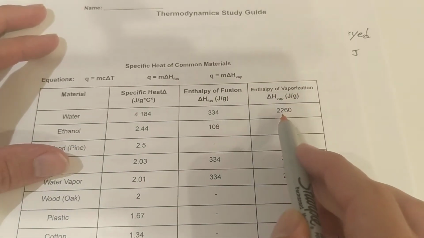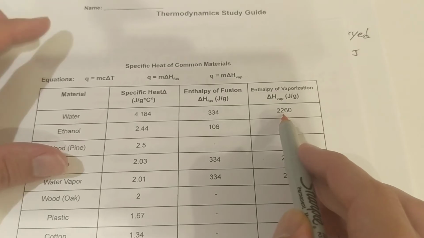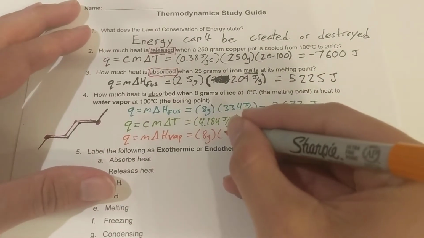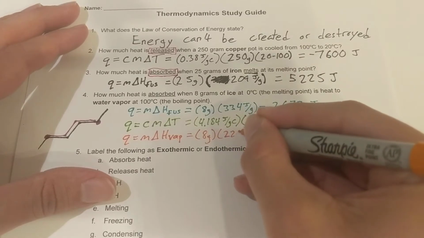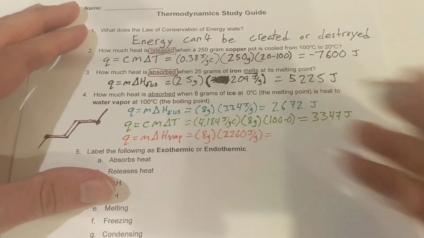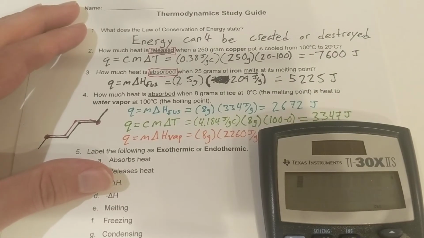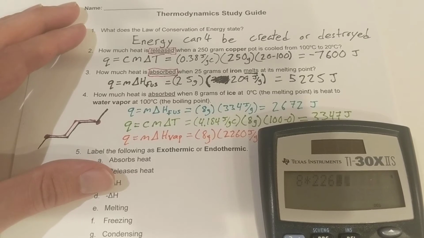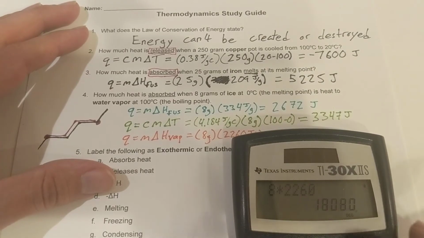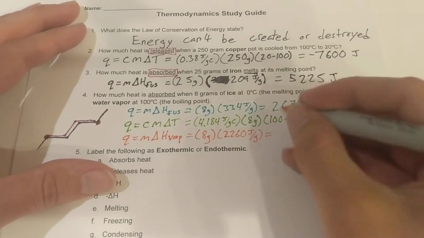Enthalpy of vaporization, 2,260 joules per gram. Throw this all in a calculator. 8 times 2,260. 18,080.